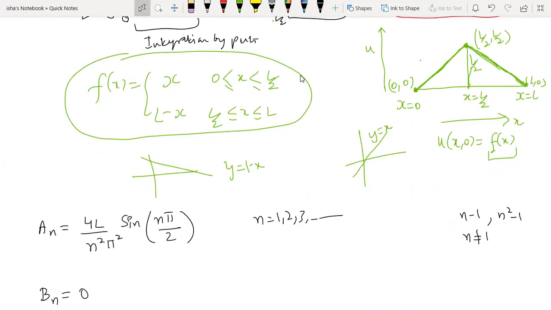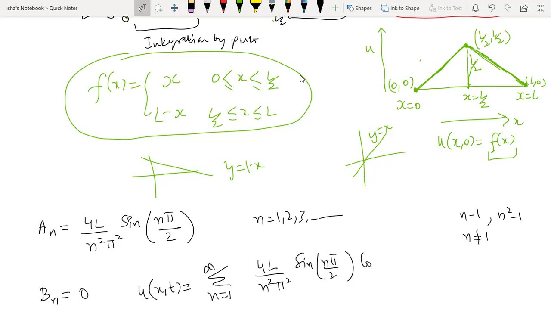So an is computed, bn is 0, and once you compute an and bn, just write the final solution. So the final solution is going to be u(x,t) equals summation n is equal to 1 to infinity, an is 4l by n square pi square into sine n pi by 2, into cos n pi by l square root kt into sine n pi by l x, right?